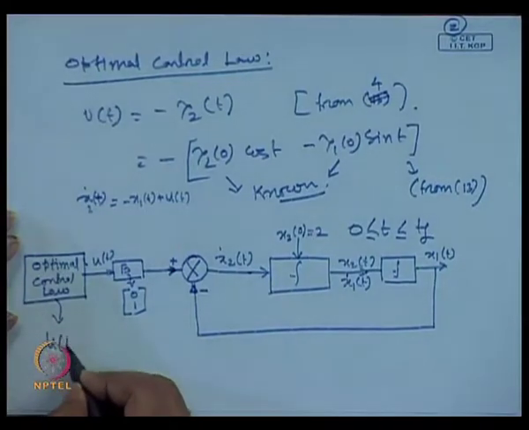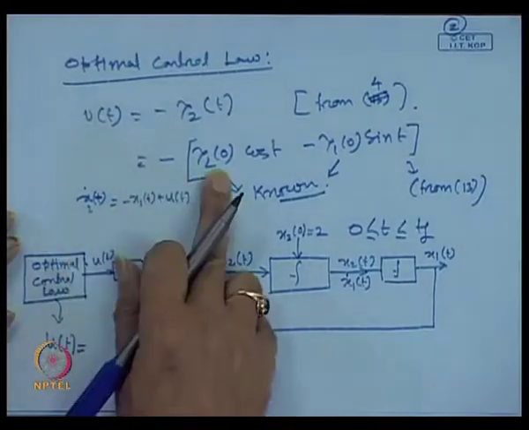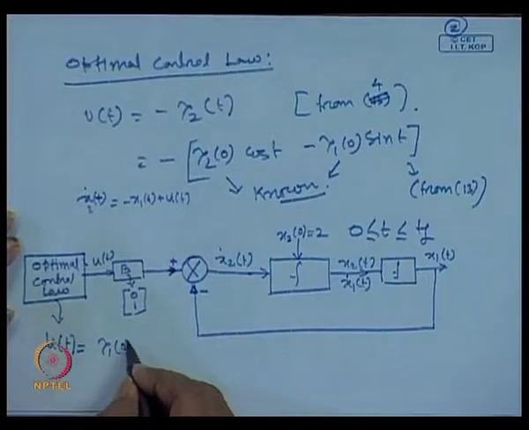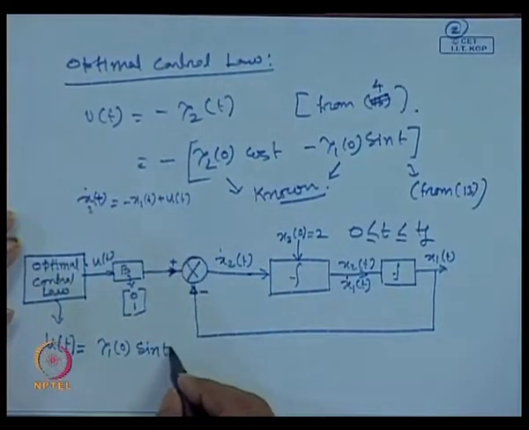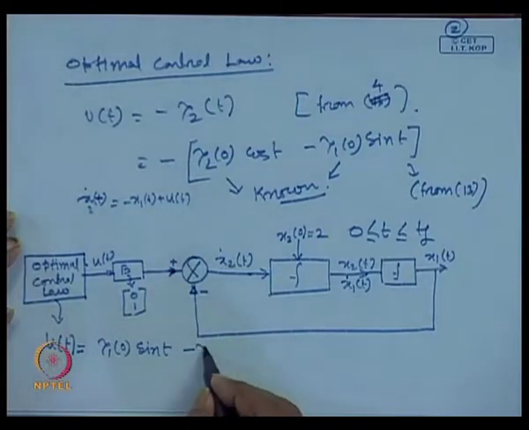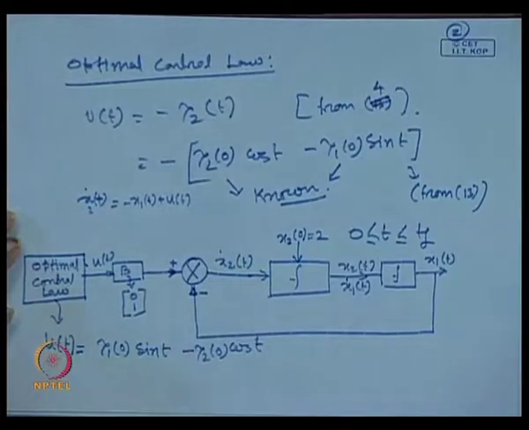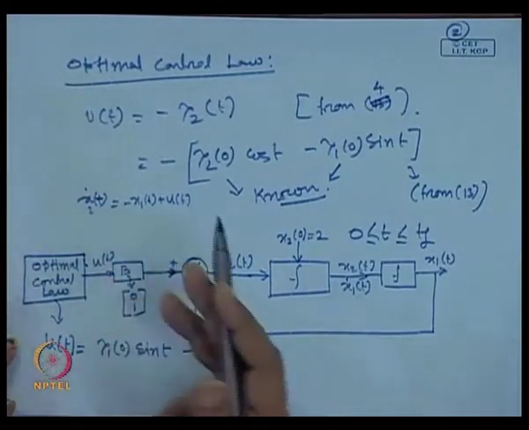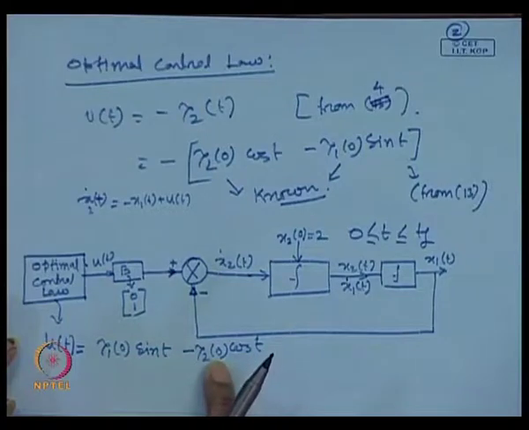u of t is equal to, just now we have seen it, lambda 1 of 0 sin t minus lambda 2 of 0 cos t. So, you see this control law is an open loop control law. It entirely depends on the solution of lambda 1 0 and lambda 2 0.